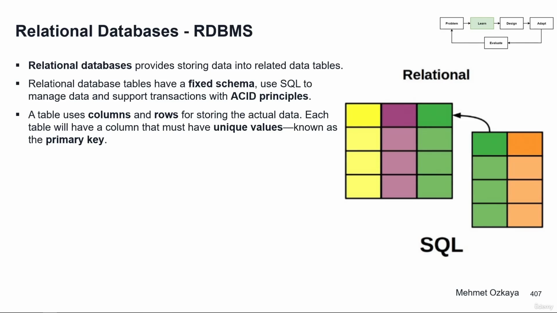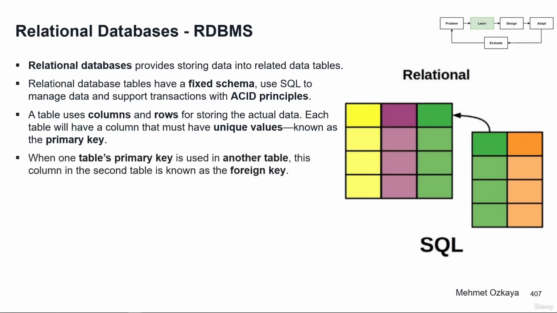This column can be used in other tables if relationships are to be defined between them. When one table's primary key is used in another table, this column in the second table is known as the foreign key. The most common way of interacting with a relational database system is using SQL.